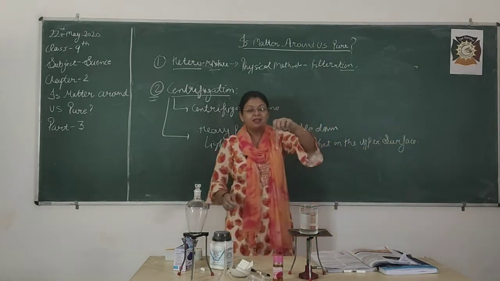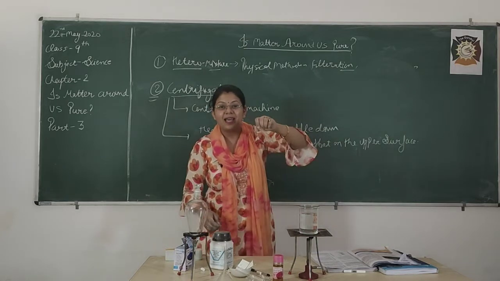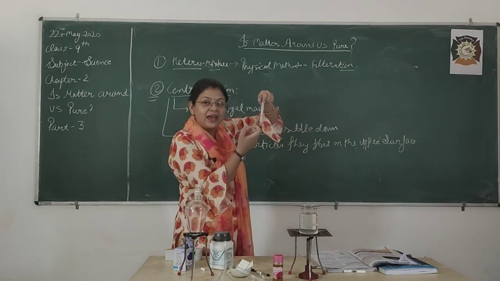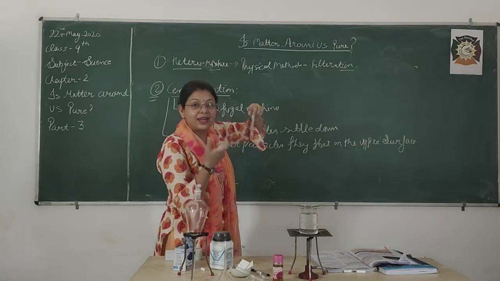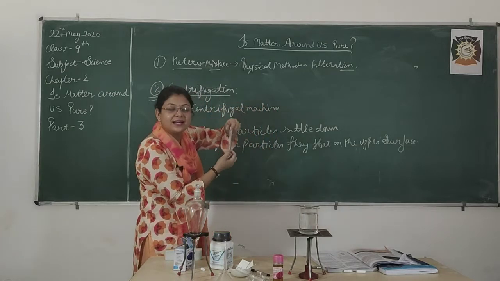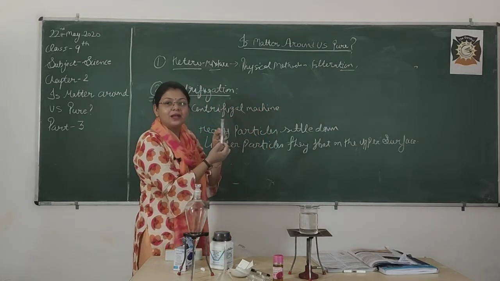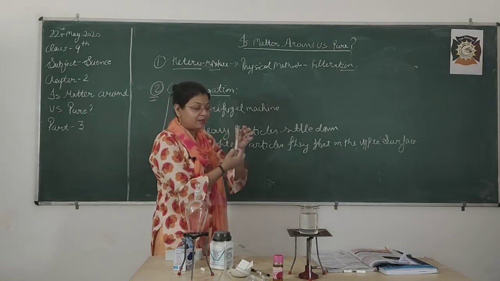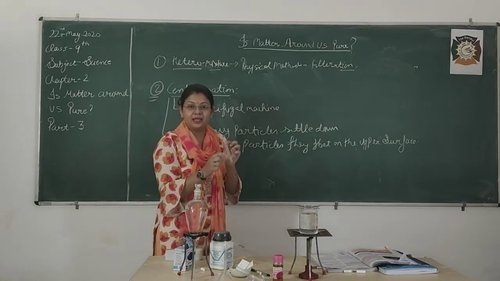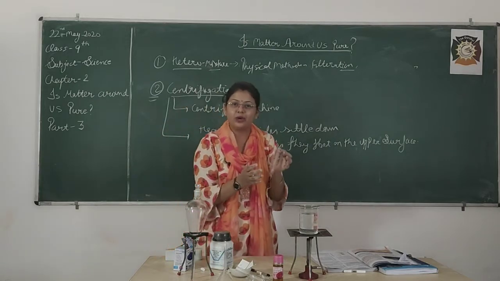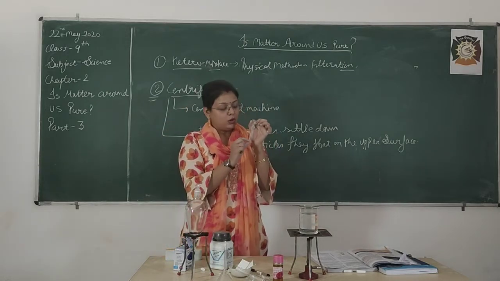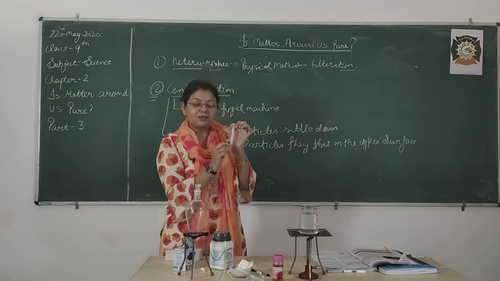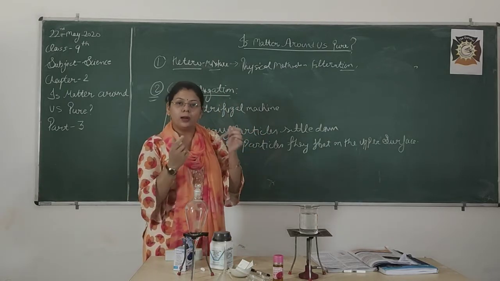That means when this thing spins at a very high speed, the denser and heavier particles, because of gravity, settle down, and the lighter particles float on the upper surface. That's what diagnostic laboratories use. They separate the plasma as well as the serum from your blood.